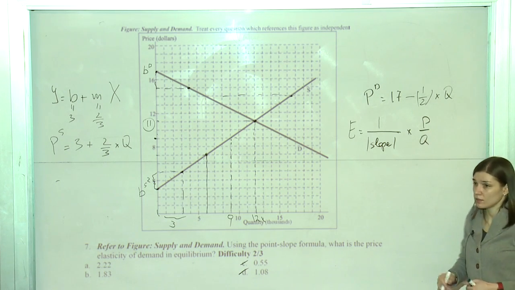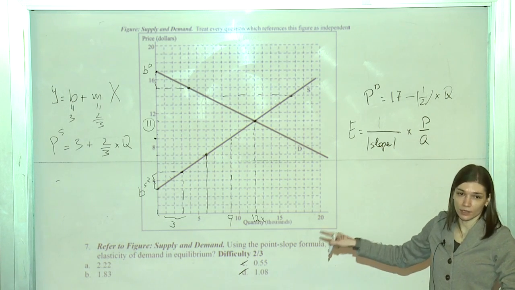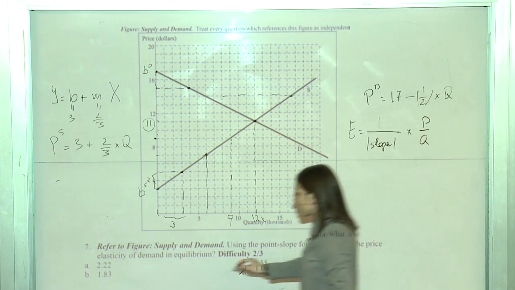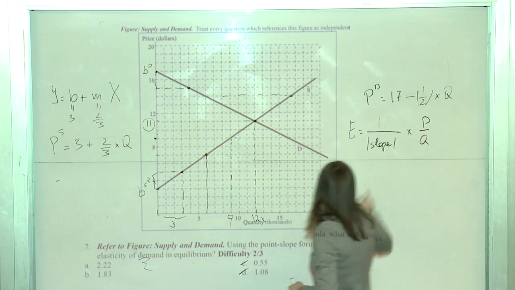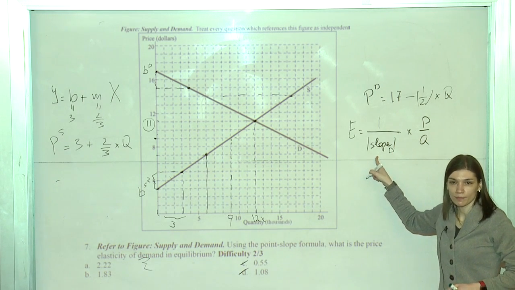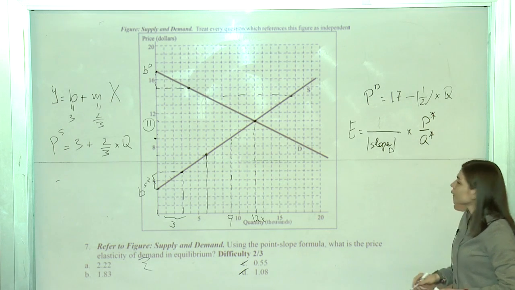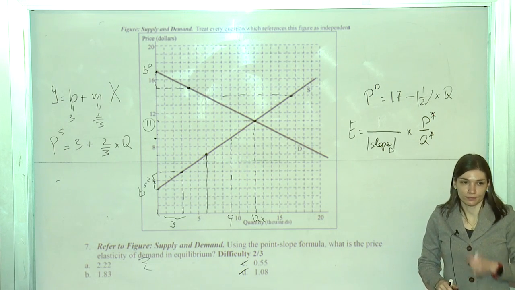We are asked about the price elasticity of demand in equilibrium, so it's important that we use the slope of the demand curve, and we plug in the equilibrium price and quantity.